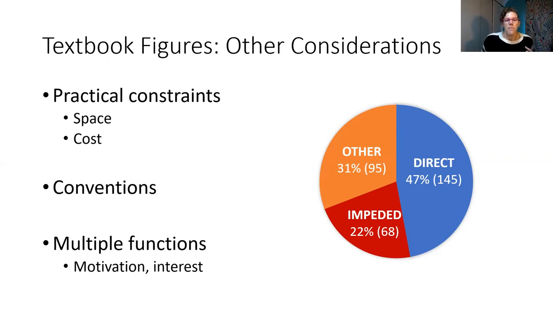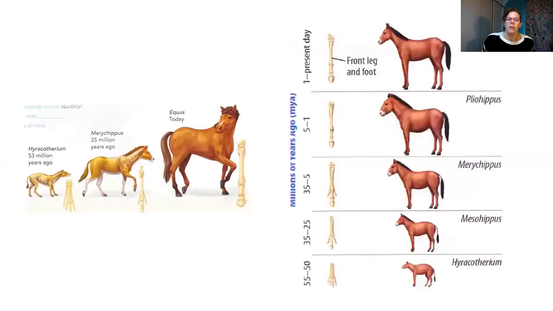So that said, I would argue, and we saw examples that would suggest, that this is not only a case of this being the best we could do while prioritizing other considerations, because we saw examples like this across textbooks.